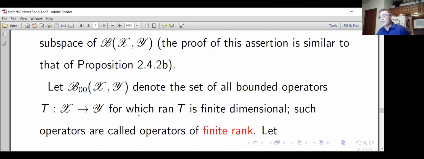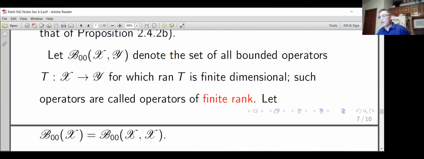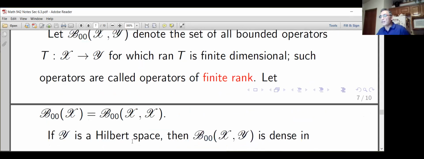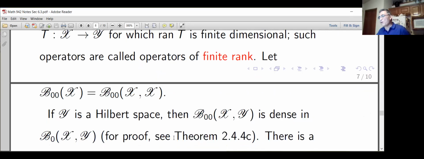If we have the same space X, we just write X once. If Y is a Hilbert space, then B00(X,Y) is dense in B0(X,Y). This is theorem 244C.